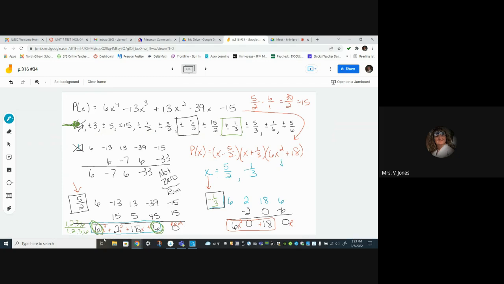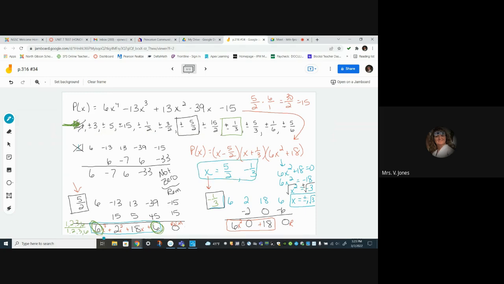But when you set this one equal to 0 and you start solving, you would subtract 18. You would divide by 6. When you square root both sides, you have to throw in the positive negative. And then we find that x is also equal to positive negative i square root of 3.